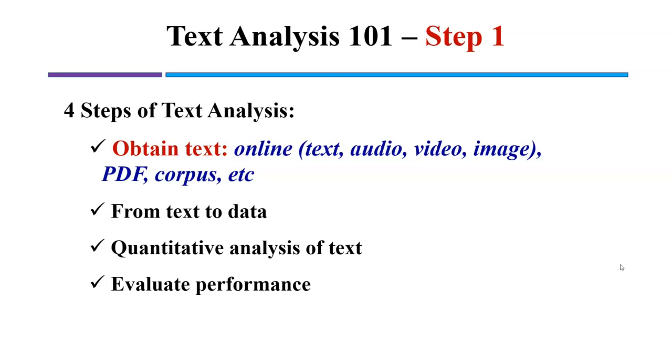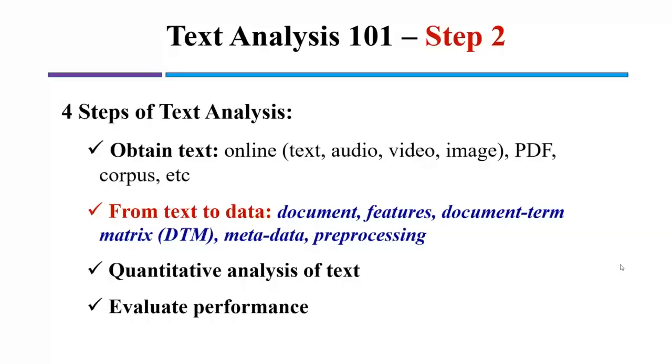Okay, so definitely any PDF file works, and there are some collections where people have already formed a lot of text. We call this a corpus, already available for you to analyze. That definitely is the best. But if not, then we need to go to step 2.